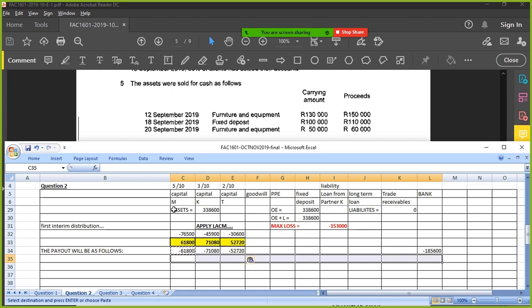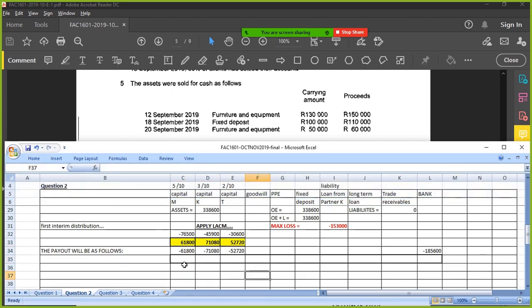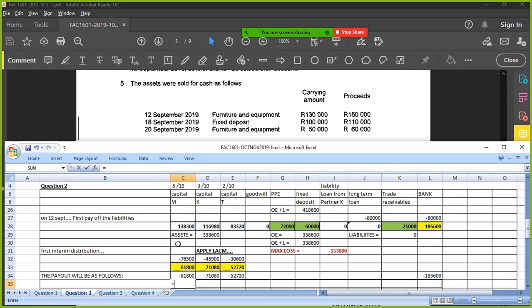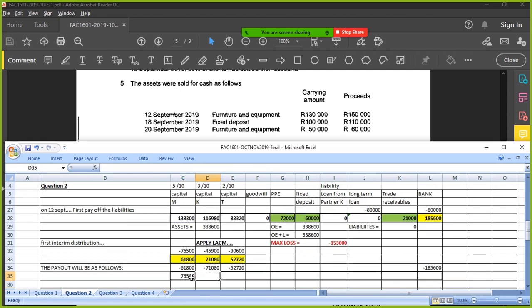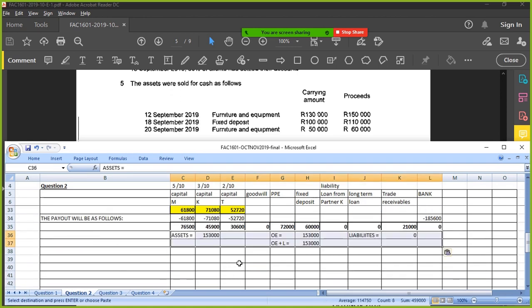And then, all right, so capital, what is the capital? There's the total minus the payout. Okay, and that's it. Check if we're still correct. Assets equal to equity and liabilities, perfect, on the right track.